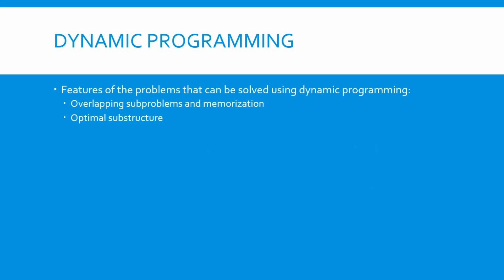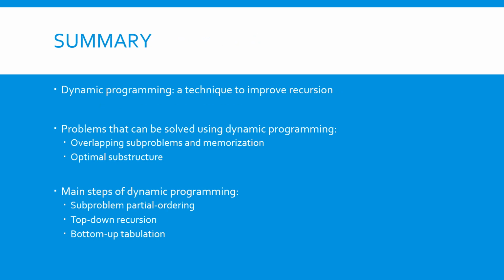Taken together, the problem needs to satisfy two conditions in order to be solved using DP. First, it should contain overlapping subproblems in its recursion relation. Second, it should have the optimal substructure. In summary, we have discussed the general idea of DP in this video.